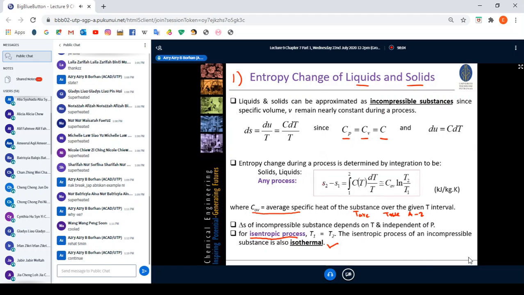If I give you water, or any type of solid, and ask you to find the delta S for incompressible substance, you need to use this particular equation here. This is for any type of process. But if it undergoes an isentropic process, there's no way we can find our delta S, because actually this process also undergoes an isothermal process for the entropy change of incompressible substance.